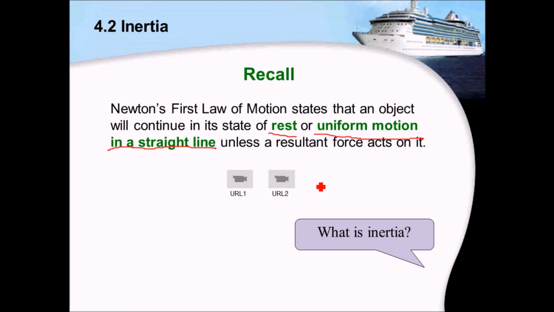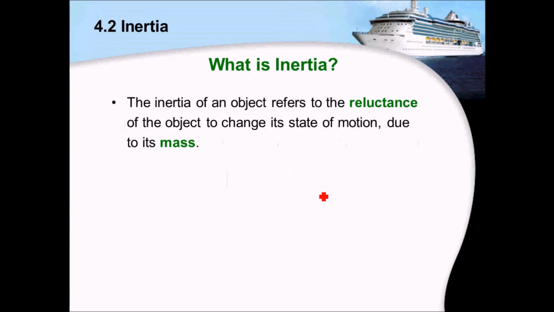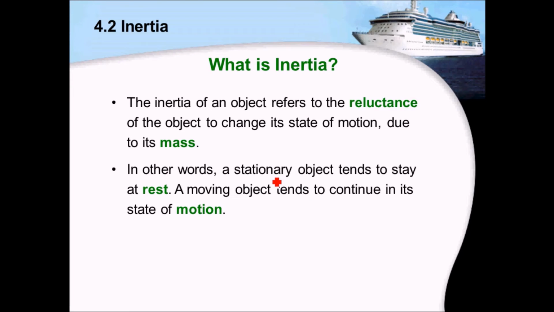So what is inertia in that case? Inertia is the reluctance of an object to change its motion due to its mass. This is the definition of inertia. In other words, a stationary object tends to stay at rest while a moving object tends to stay in motion.